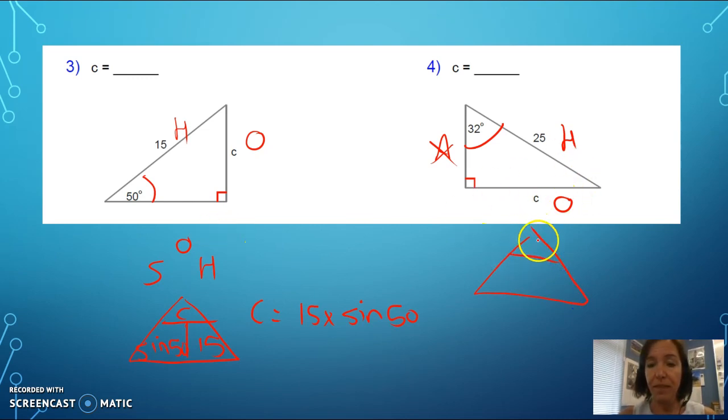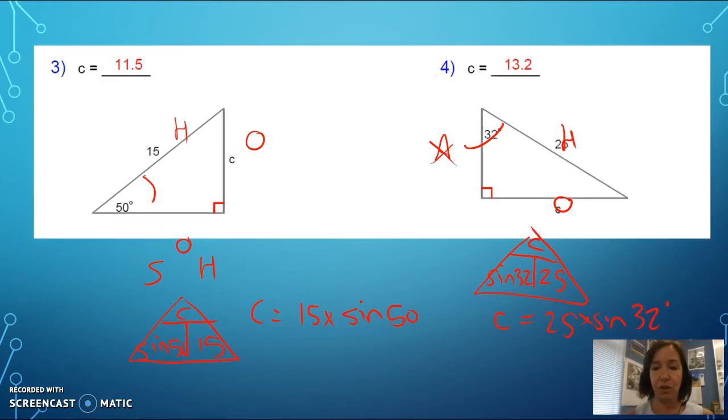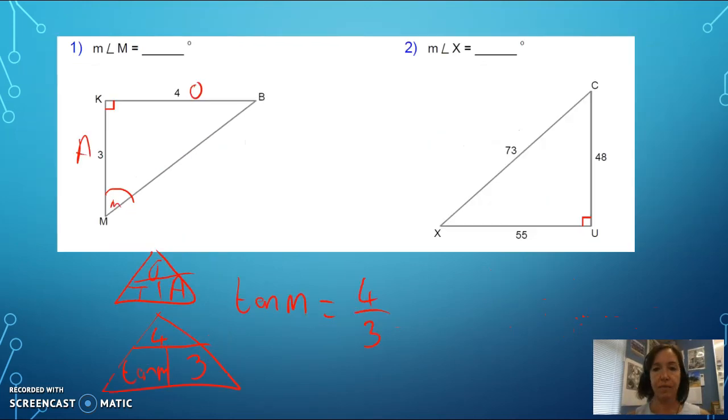O is at the top, that's C, what I'm looking for, and 25 is my hypotenuse, so that's over there, and it's going to be sine of 32. So C equals 25 times sine of 32 degrees. When you put those into your calculator, you'll get 11.5 and 13.2.